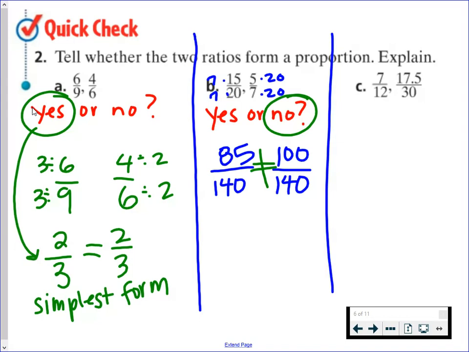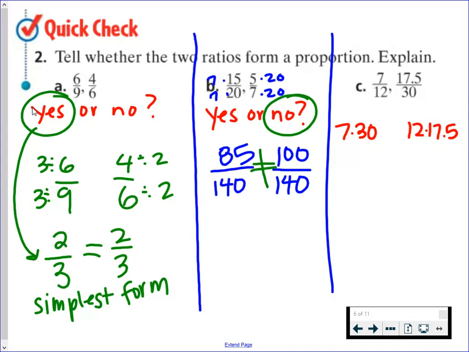Third box, pick a strategy. Ready, go. So I actually like common denominator and simplest form better, but I just couldn't make that work for this third one.